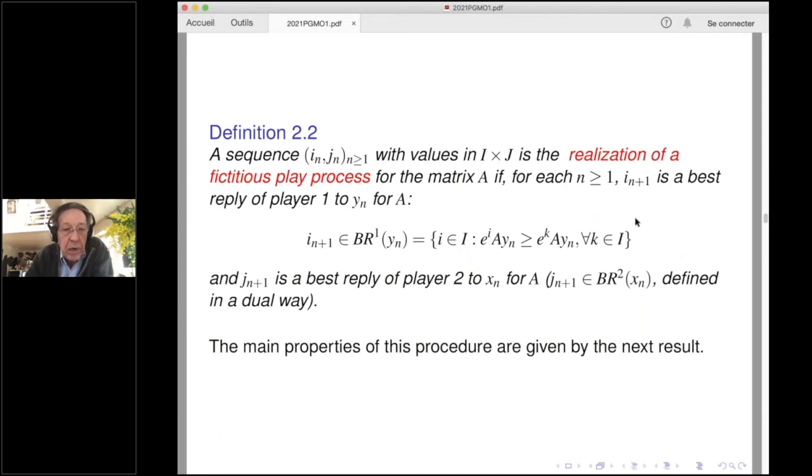So xn plus 1 belongs to br1 of yn. It's the best reply from the point of view of player 1 to the average behavior of player 2. It means that xn plus 1 A yn is better than the alternatives. Okay. And similarly, yn plus 1 is the best reply of player 2 to the average behavior of player 1 in the past. Okay? And the main property is given by this.